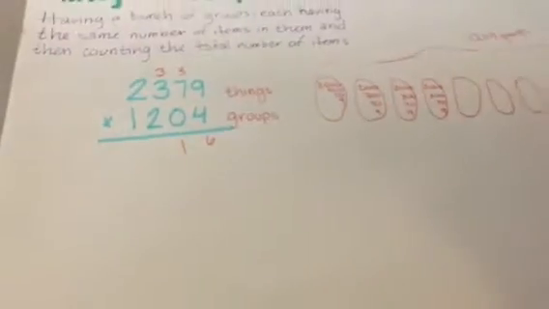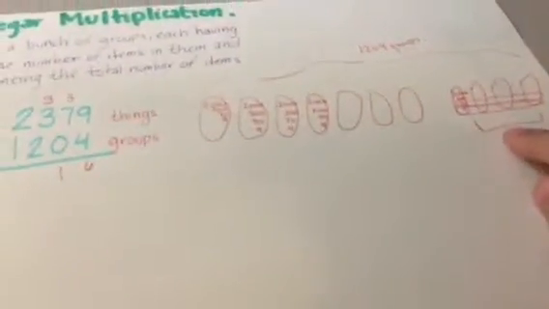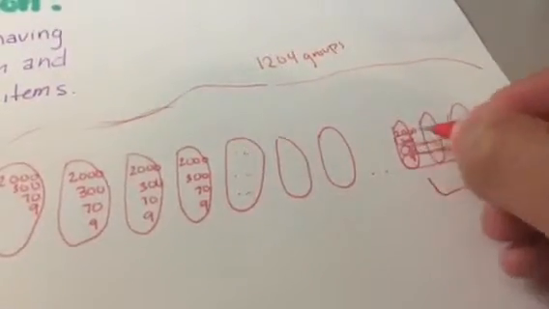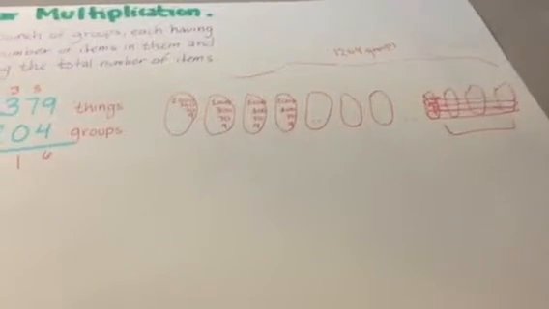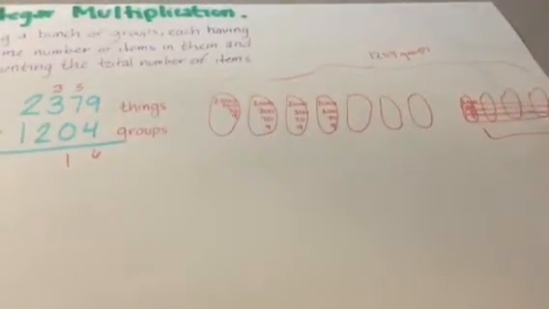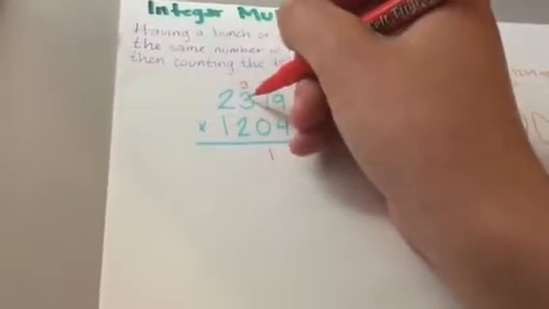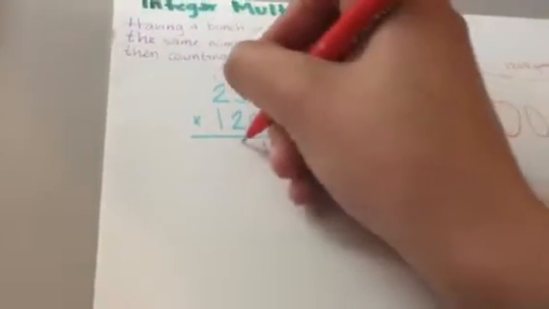So now I'll go back to my last 4 groups. Now I'm looking at the hundreds place, which is a 300. So it's going to be 4 times 3, which is 12, plus 3, which equals 15.